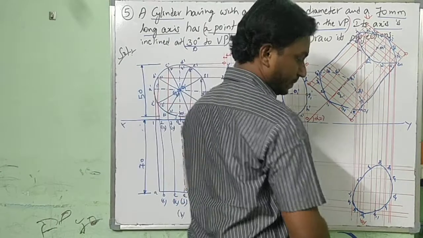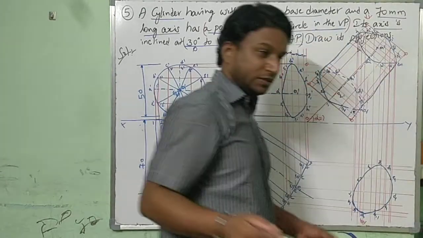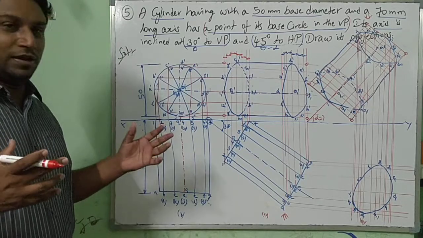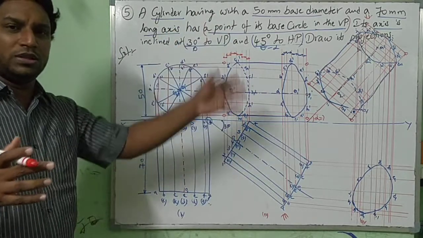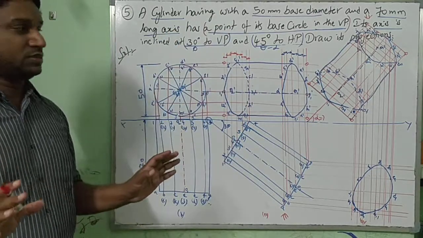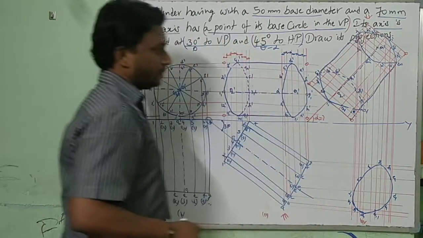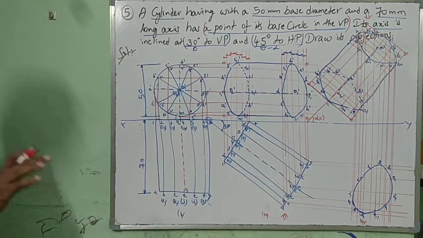Now the next part. See, there is nothing. I'm doing this in my own way, but I'm following the same projection procedures. That's it. Now with respect to this base 1, 2, 3, 4, there are already lines.